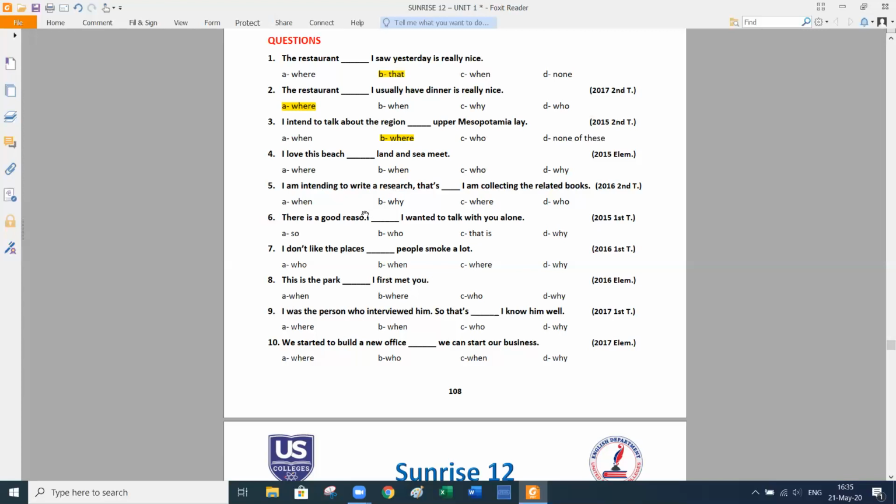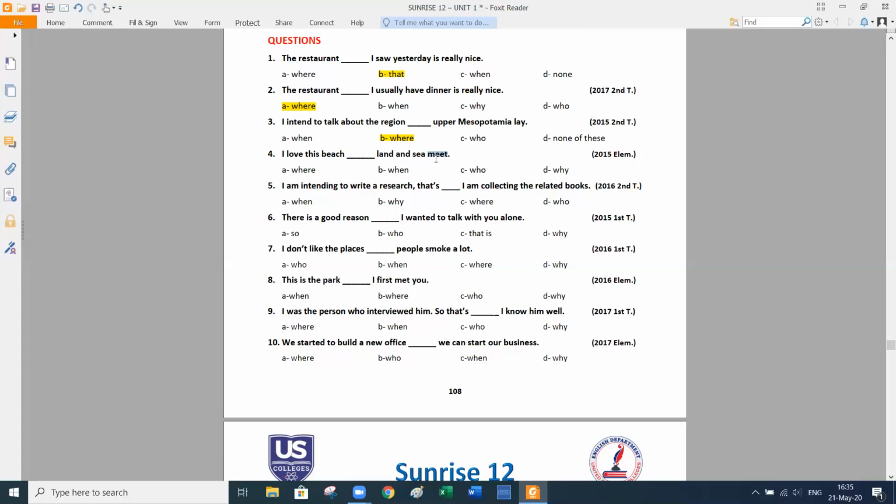And next one, number 4. I love this beach blank land and sea meet. Land and sea is the subject, meet is the verb. Land and sea meet. But again, you should pay attention to the verb here.